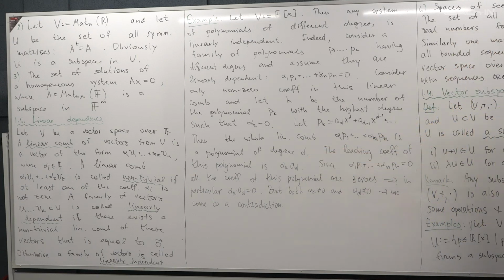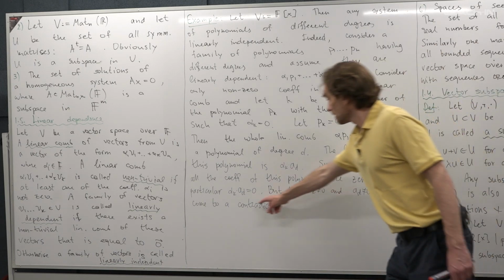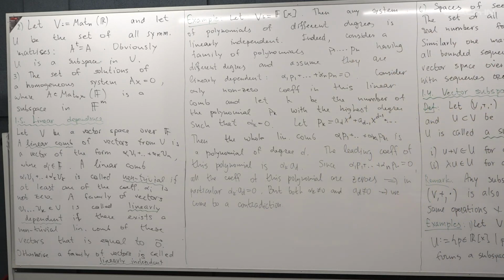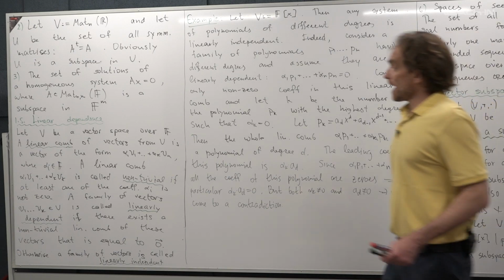That's why this relation implies that both of these elements are zeros, and so we come to a contradiction. That's why any family of polynomials with different degrees is linearly independent. So this is important.